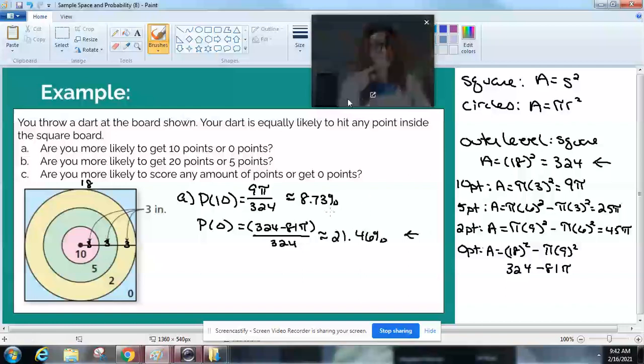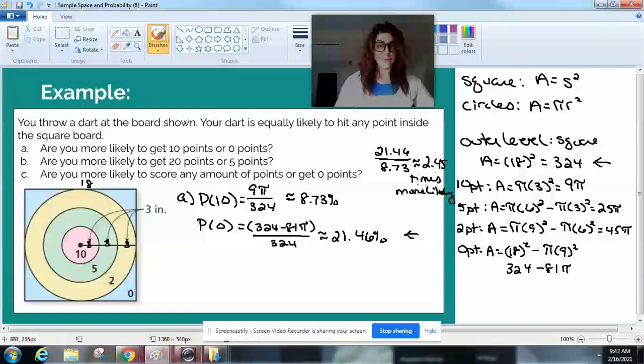Now, if you want to know how many times more likely, just as a side note, you would divide these two. So if I took 21.46 and divided it by 8.73, that's how many times more likely it is to happen. And that comes out to be 2.45 times more likely.